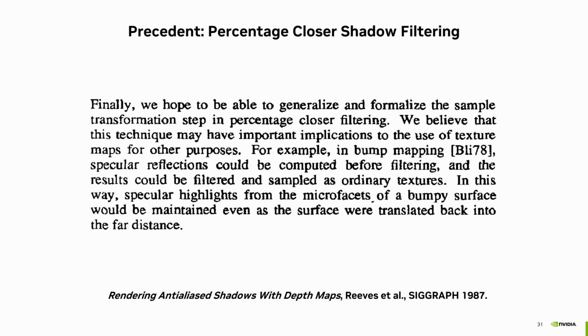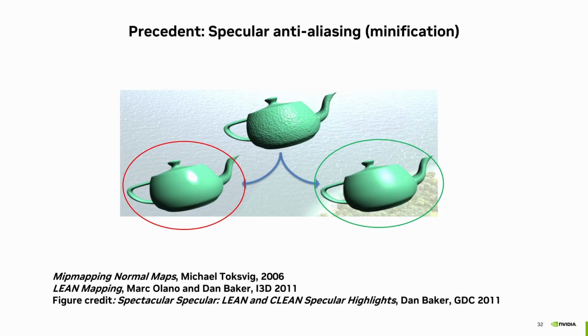For example, bump mapping, often now known as normal mapping, where specular reflections look significantly different when naively filtering values in bump maps or normal maps. The literature addresses this very specific problem of specular minification and specular appearance change in many publications.